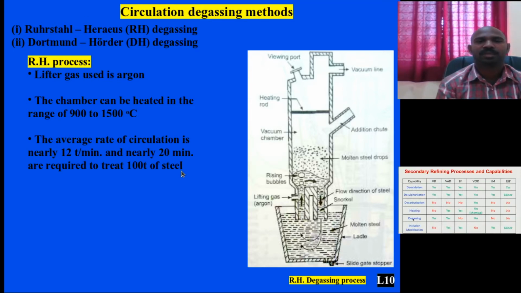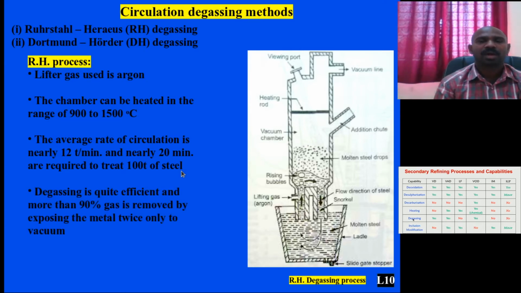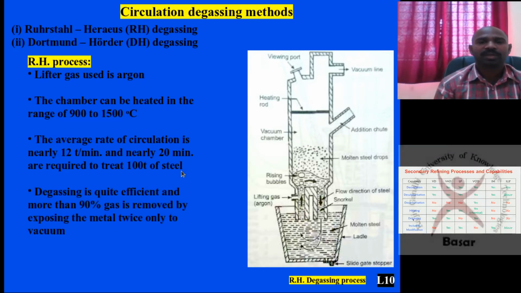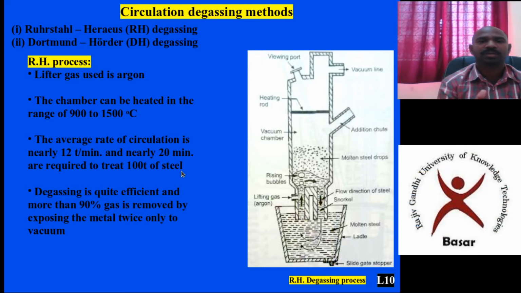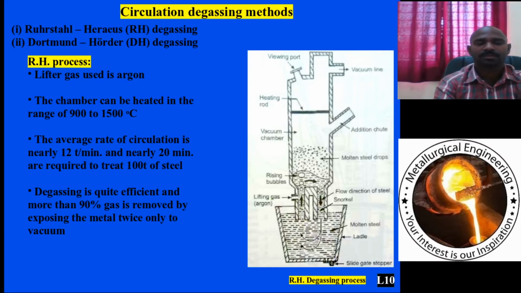That is one of the advantages of the RH degassing process. That is why most people use it for rail steels production, where very low hydrogen is needed.